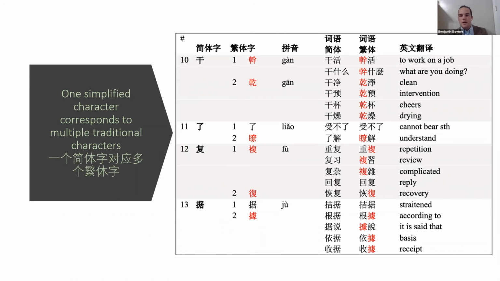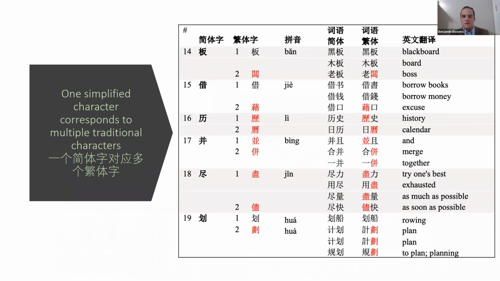Next we have 10. We have 干,干我,干什么. Then our 干, first tone, 干净,干预,干杯,干燥. Next we have 了,受不了,了解. We have 复,重复,复习,复杂,回复,恢复. 13 we have 据,截据,根据,据说,依据,受据. 14 we have 板,黑板,木板,老板.